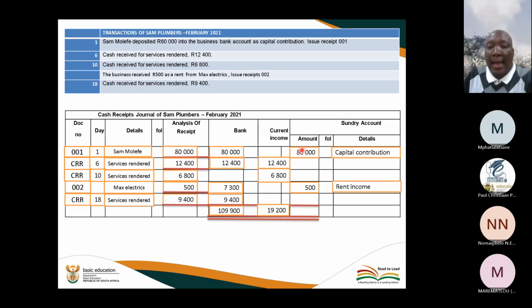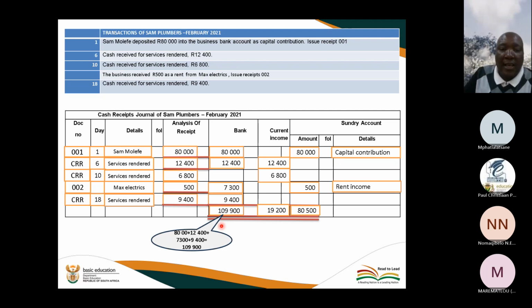And then 80,000 here, 500, is 80,500. Now let's look briefly. How did we get this 109,900? We added 80,000, 12,400, 7,300, 9,400, which gives us 109,900.